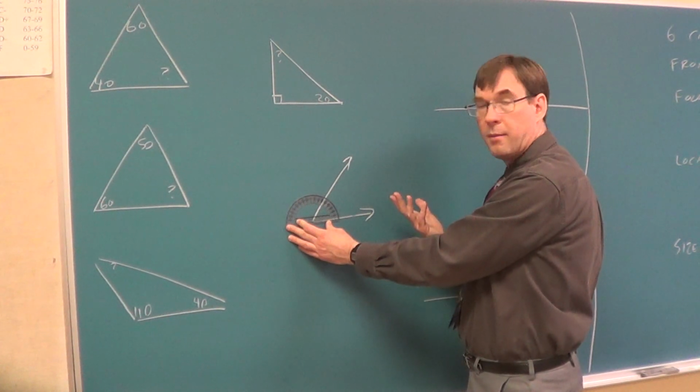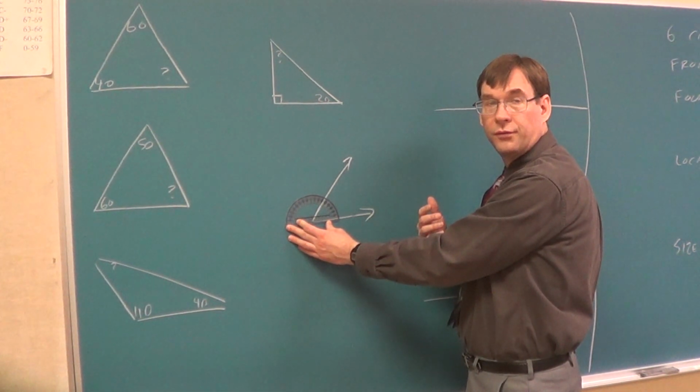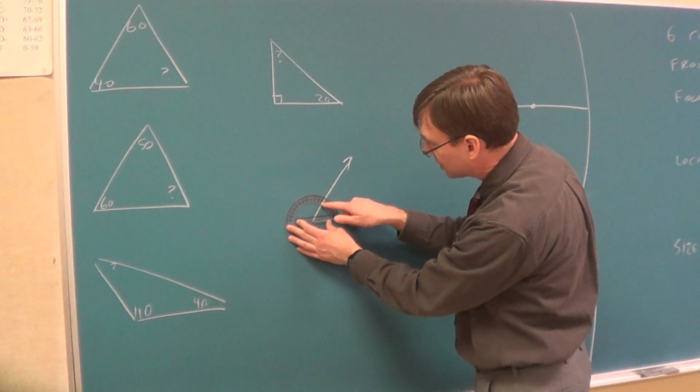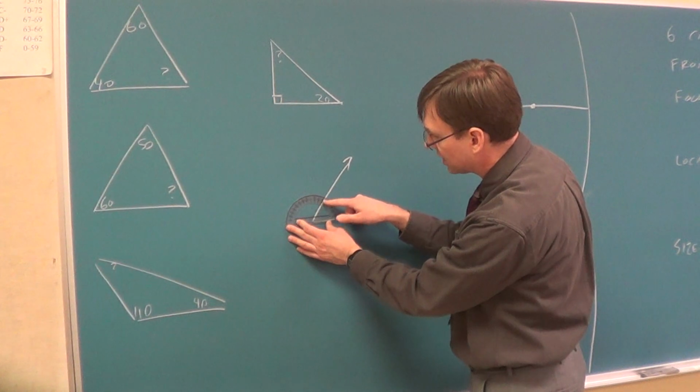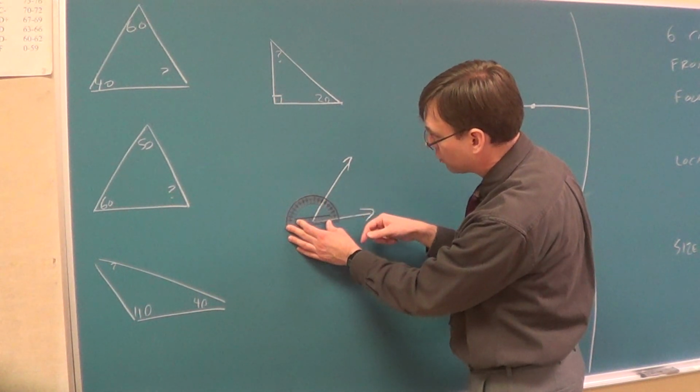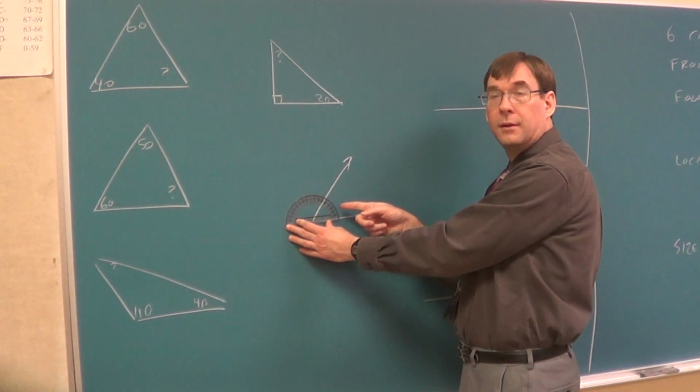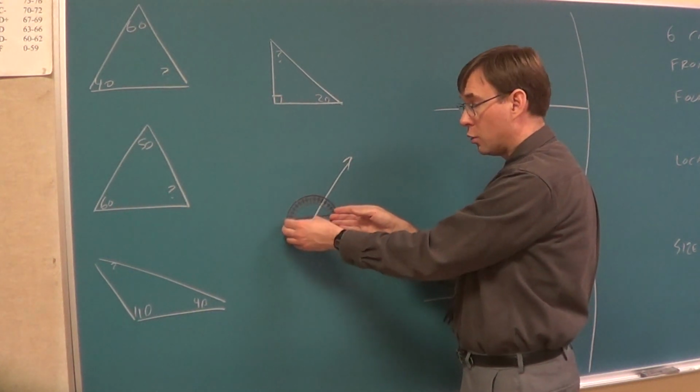Are acutes bigger numbers or are acutes littler numbers? Little. So right here on my protractor, it's going through a line that's marked with 60, but that line's also marked with 120. So should I pick the 60 or the 120? 60. Pick the 60 because I want the smaller one because it's acute.